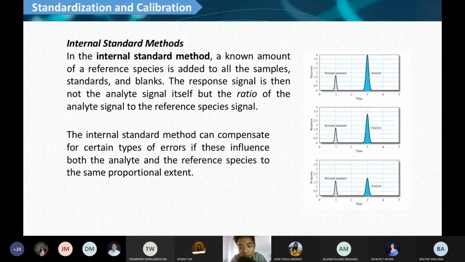Again, for external standard, you establish the calibration curve of your standard solution first before you analyze your sample. For internal standard methods, you analyze your analytes and your reference materials at once, both at the same time. So that's the difference between the two.